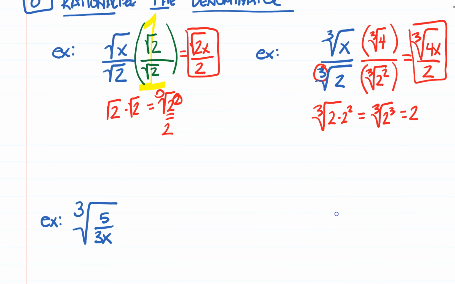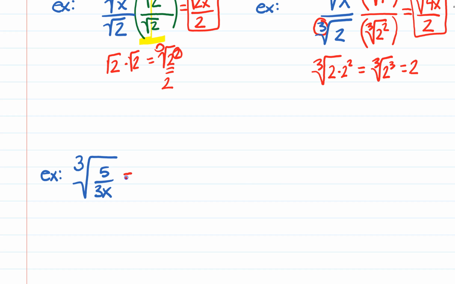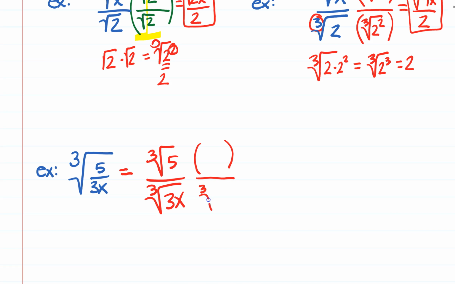The third example I have for you, the first step would be to break this up into the cube root of 5 all divided by the cube root of 3x. So again, ask yourself, what can I multiply by to give me back the cube root of 3x to the third? Well, that would have to be the cube root of 3x quantity squared. So multiply top and bottom by the cube root of 3x quantity squared.